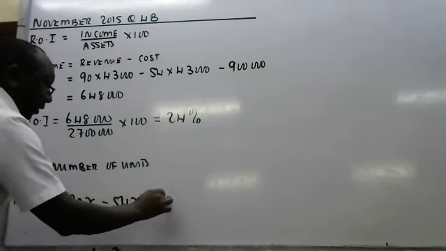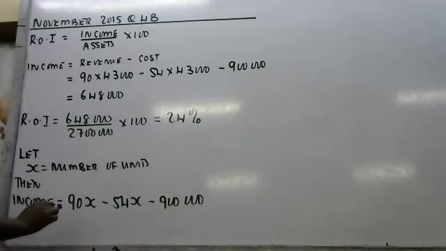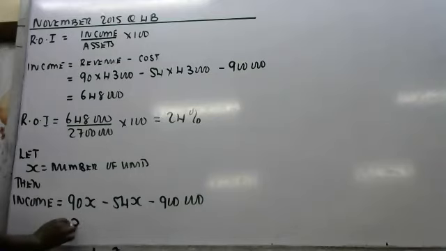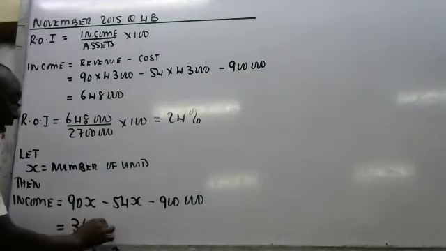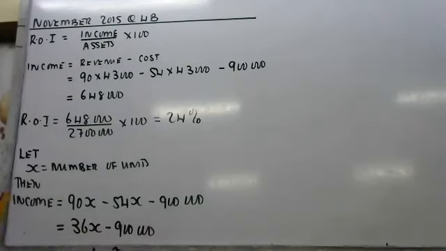That is very good. That's why we are told in a good book that all things work for good. So 90 minus 54, when you are putting like terms together, 36x minus 900,000. So that is our income.